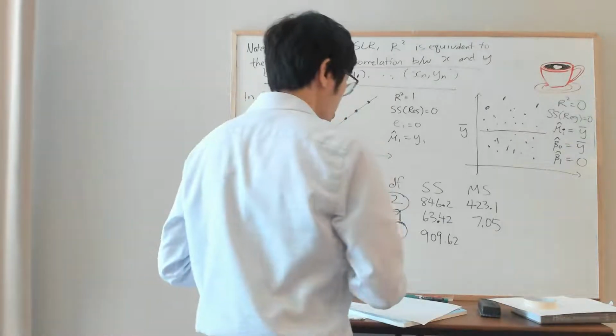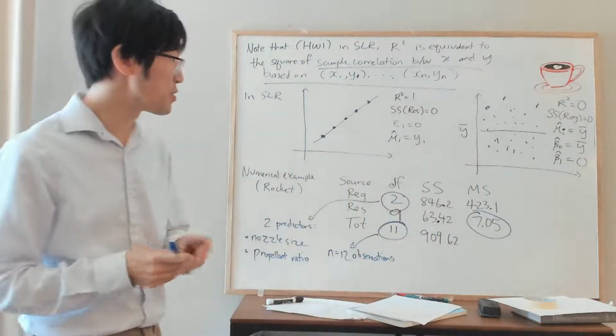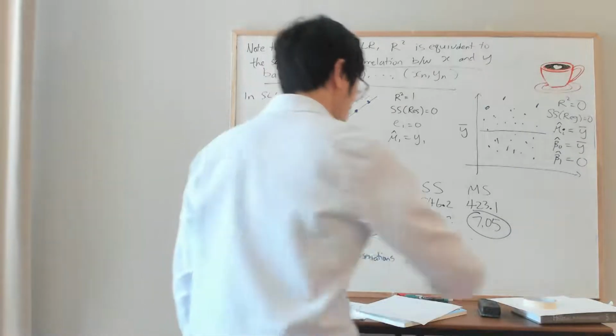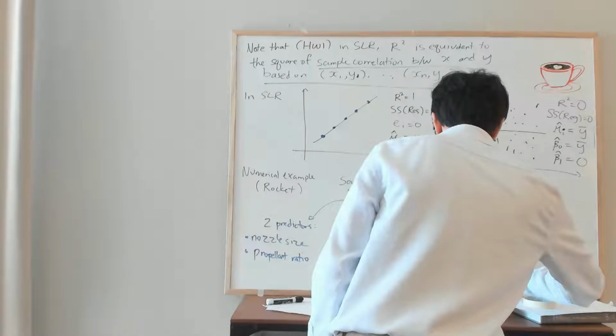Again, I want to point out this number, 7.05. Well, what do we know about it? The mean square residual is our estimate for sigma squared. So this is sigma squared hat.